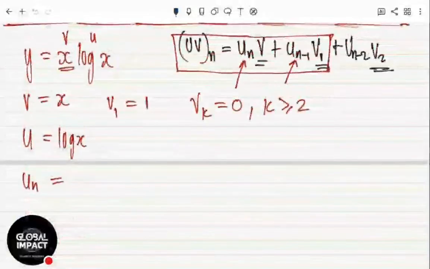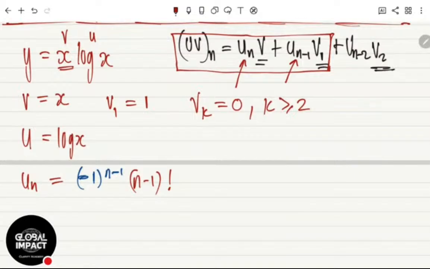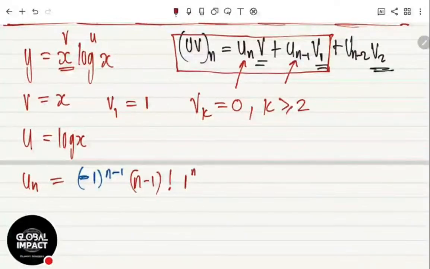Log x, what is it going to be? Negative 1 to the n minus 1, not n plus 1. Then you have n minus 1 factorial. If it was log ax, you would have a to the n, but here it is 1 to the n, because that's log of 1x, all divided by x.